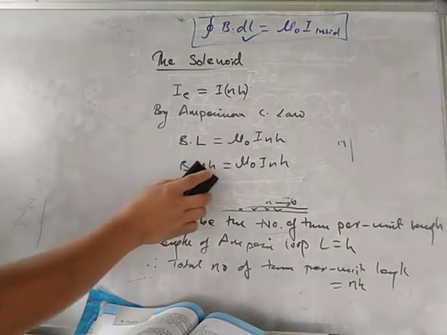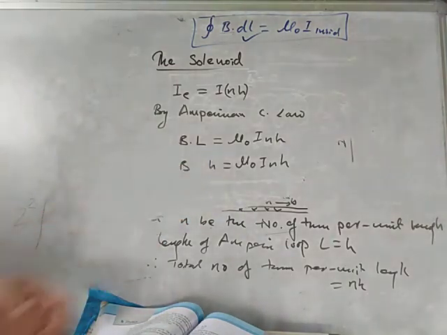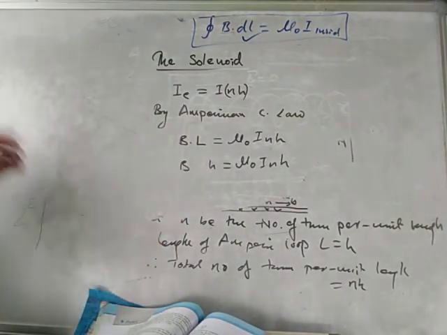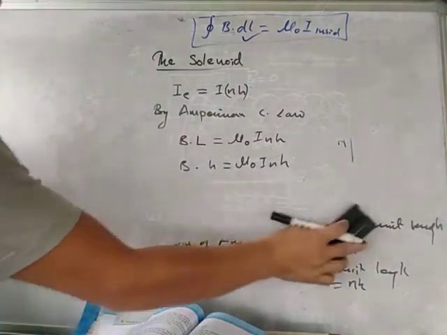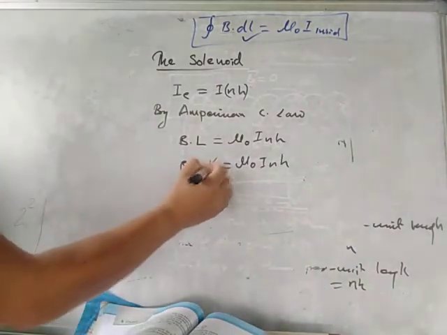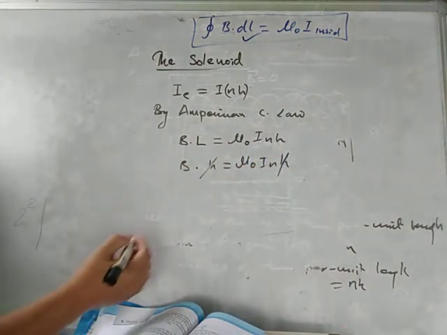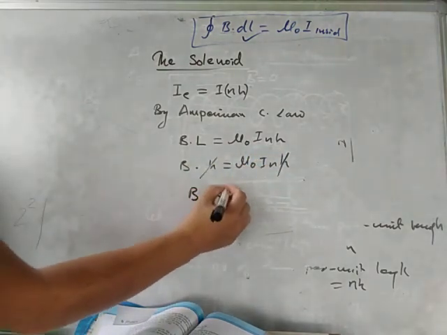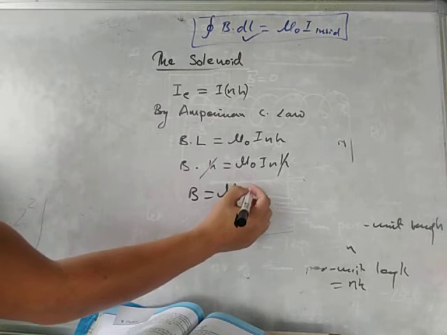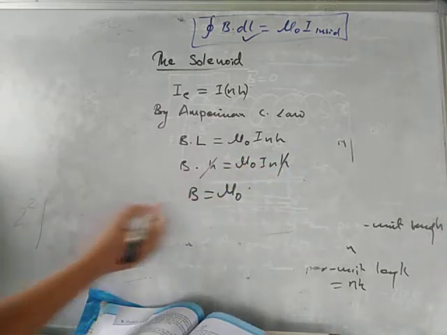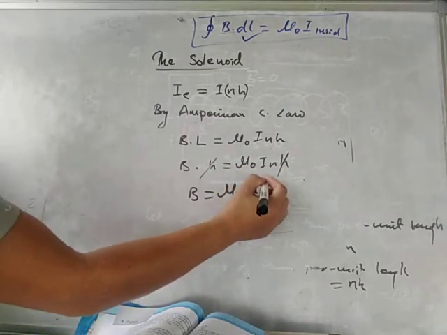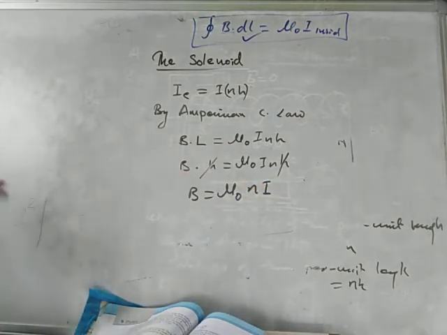Sorry, this is not right. L is the height of the cylinder, isn't it? So this equals, H cancels, so B equals mu naught times N, the number of turns, multiplied by the current.